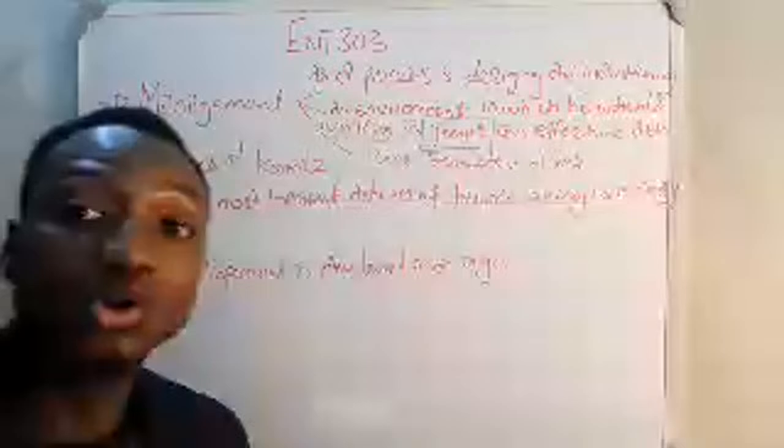Now, basically, to achieve that interest, something must have been drawn up. There must have been a structure designed to help each individual know what's expected, what is to be done, at what time, when, and how.